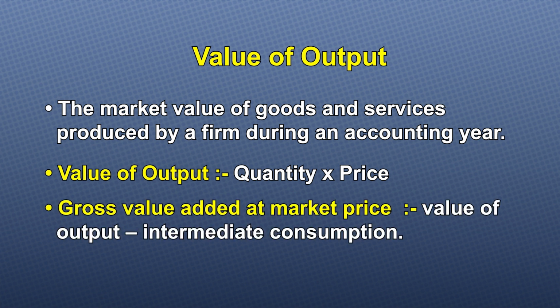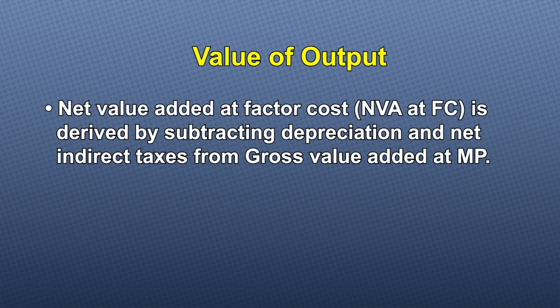Hence, gross value added at market price is equal to value of output minus intermediate consumption. Net value added at factor cost, NVA at FC, is derived by subtracting depreciation and net indirect taxes from gross value added at market price.